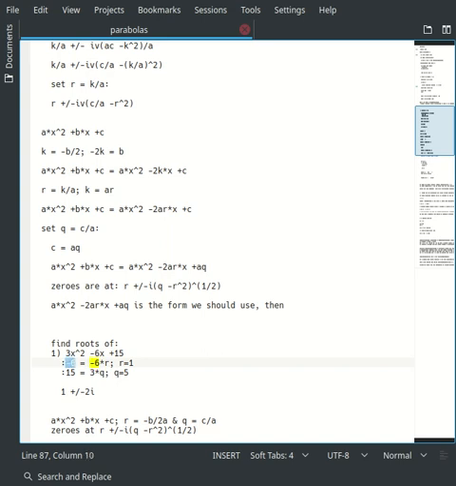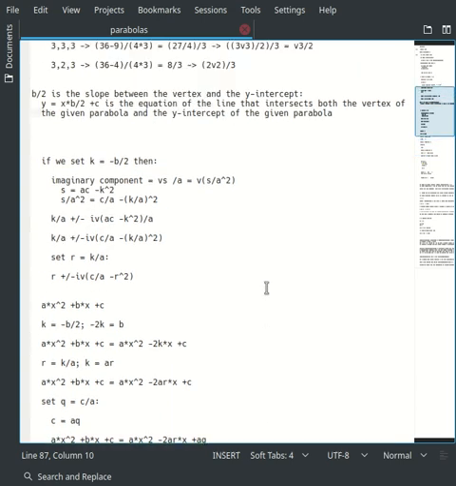So the real component is, come on, let's see. What is your real component?